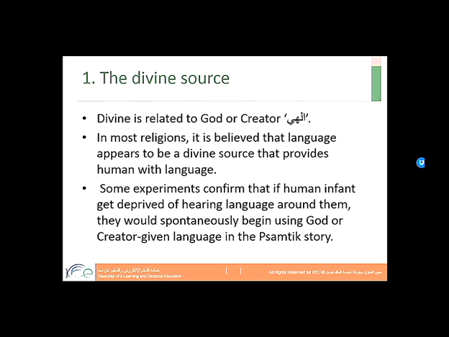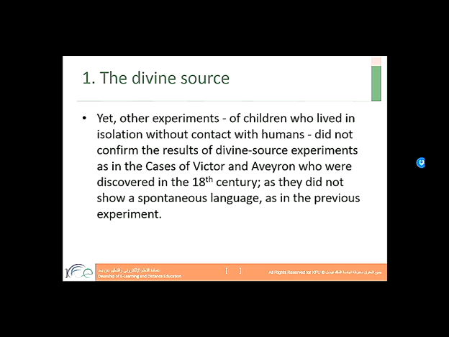Some experiments confirm that if a human infant, a baby, for example, gets deprived of hearing language around them, they would spontaneously begin using God-given language, as in the Semitic story, which was reported by George Yule in his book. Okay, this is just one belief, according to some experiment.